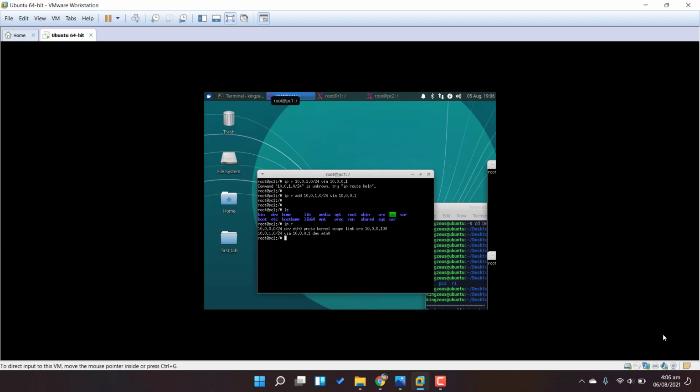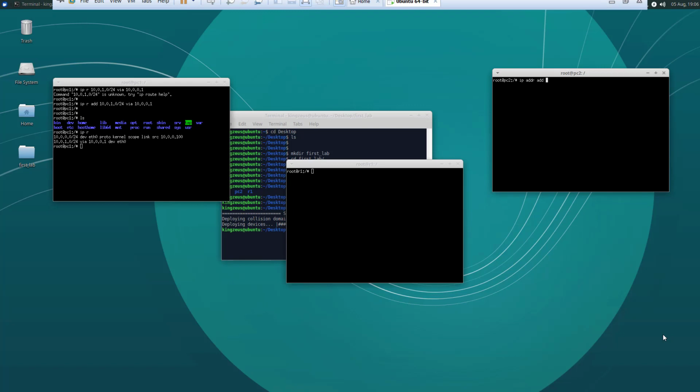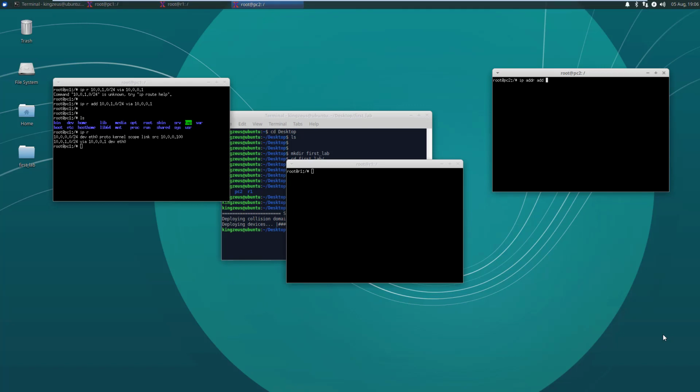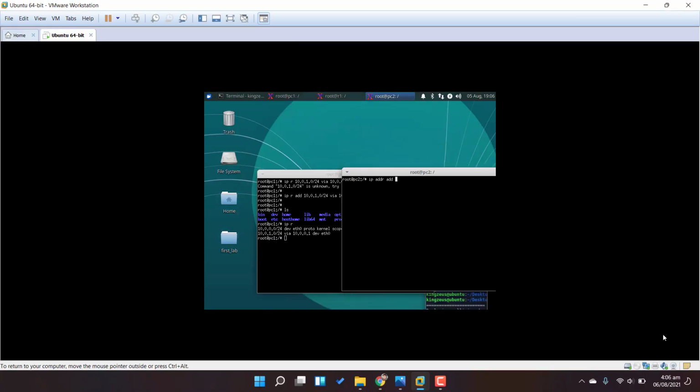We have to do the same with PC2. Let's go to PC2 and tell it ip address add. Let's put it right here, minimize it a little bit, and see the IP address: 10.0.1.100/24. Device is eth0. Perfect.